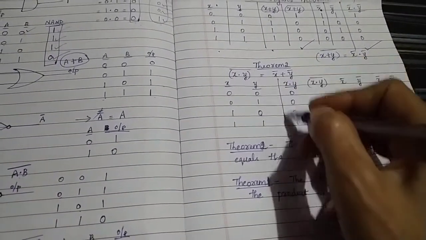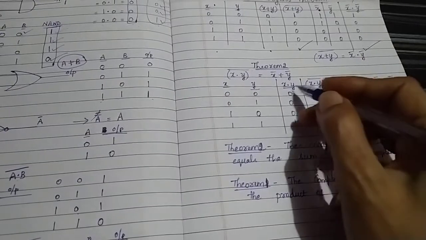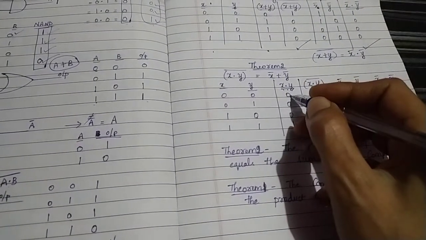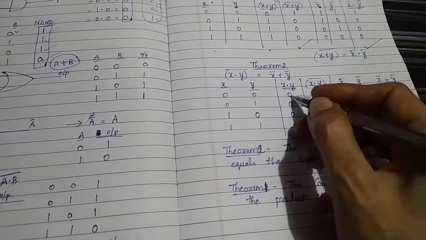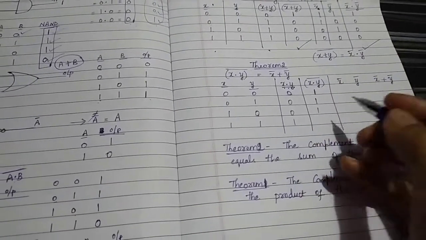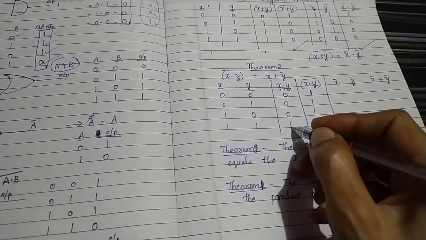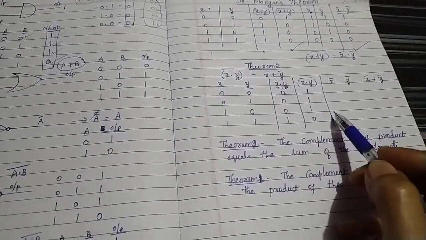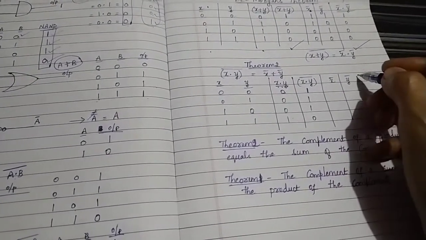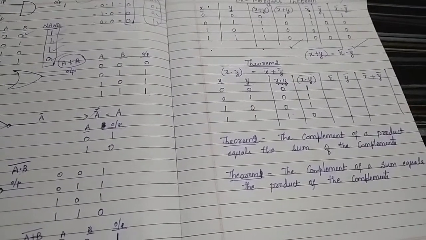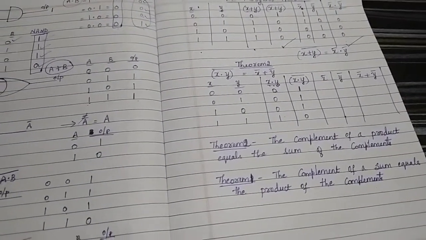Now the complement of this column: since there is a 0 here, I am writing 1, 1, 1. Since there is 1 here, I am writing 0. Opposite of that value. Remember, you need to write only two binary values, either 0 or 1.